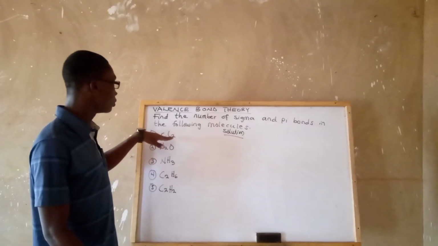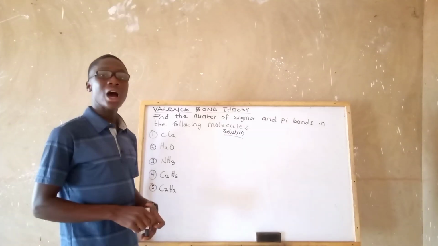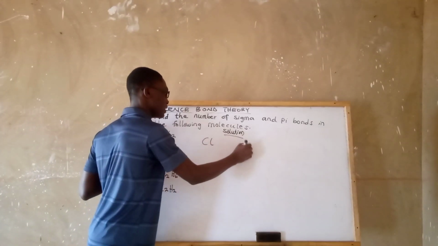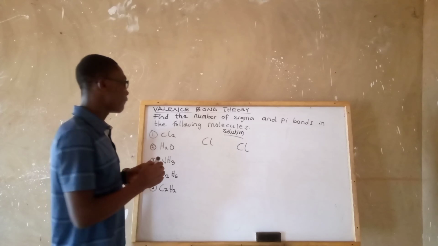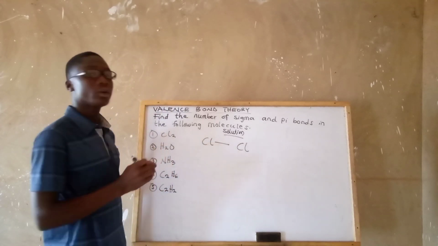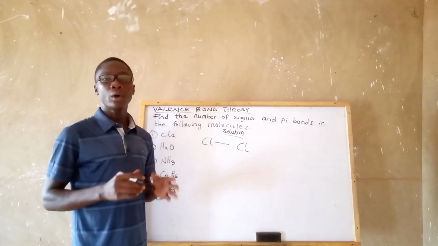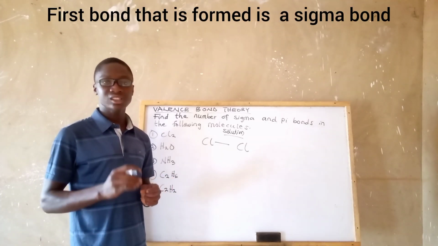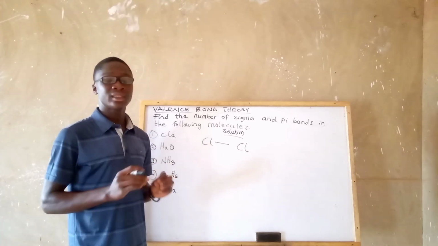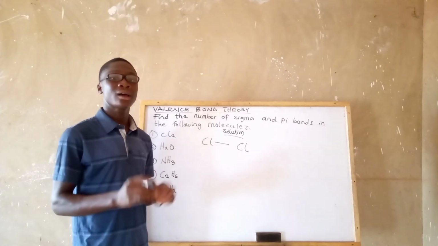So the chlorine molecule is Cl2. It has two atoms of chlorine. So you have chlorine here, and then chlorine here. They will form a bond like this. From our previous videos, we learned that the first bond that is formed is always a sigma bond.